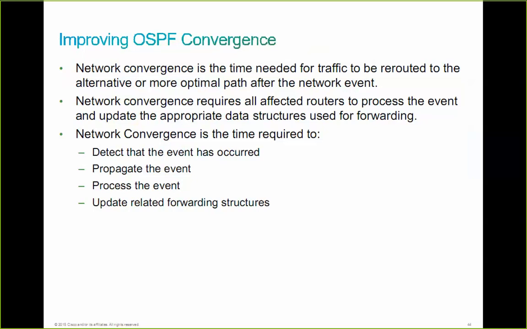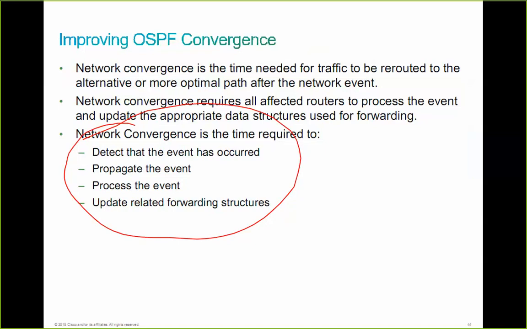The first step makes sense. The first step, detect the event, right? We're looking at these 4 bullet points right here. What would be an event? A loss or addition of a link, a loss or an addition of a neighbor, etc. Now this can be done through layer 1 techniques. It can be done through layer 2 techniques.